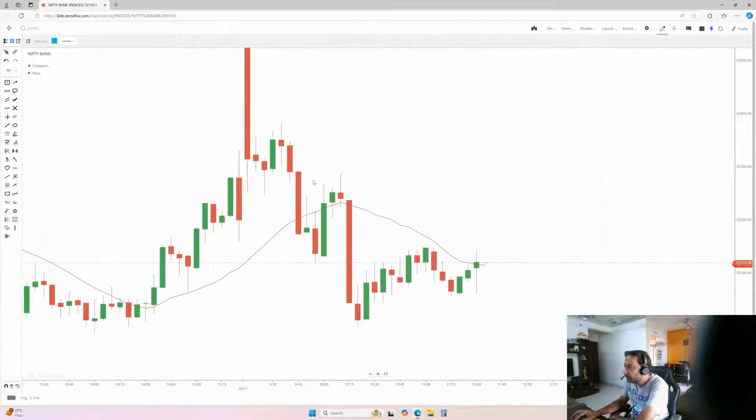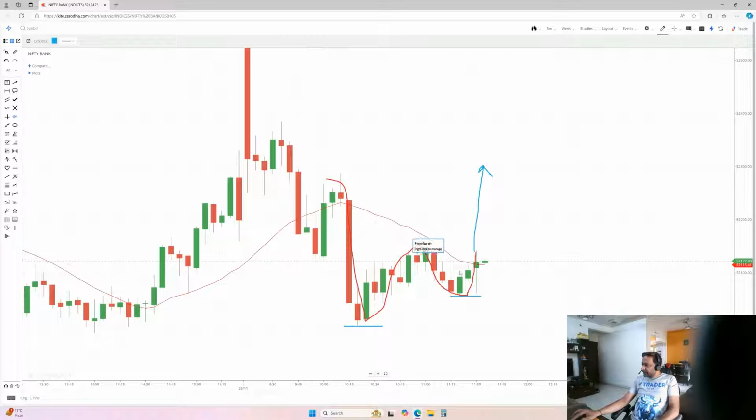It has shown this third swing this way and is now trying to sustain above this 52,000 level. If it can sustain this new day's higher low, with the day's lower low at 52,000 and 52,050 or 70 as the new low, and continue this upward movement, it can form a W pattern. If it sustains above this 52,100 level, it can definitely test 52,300 levels. This is the way we need to trade.